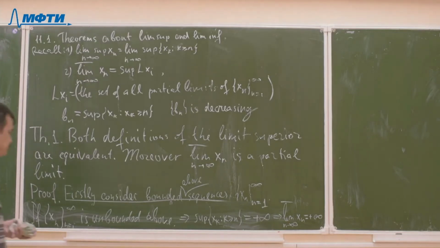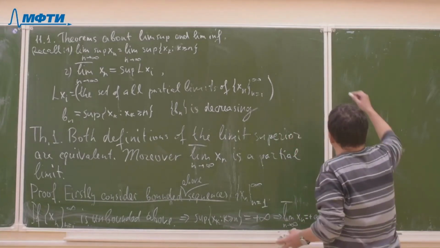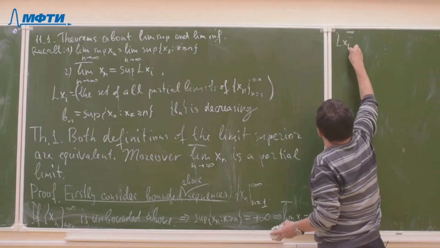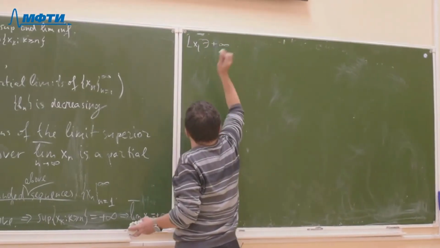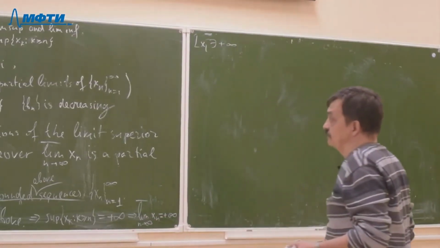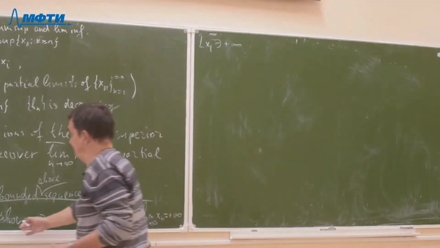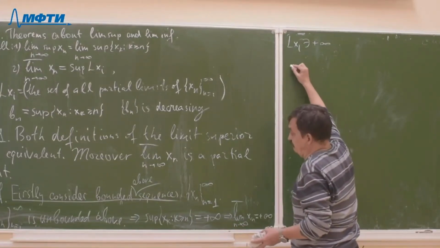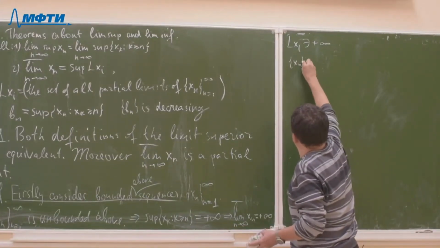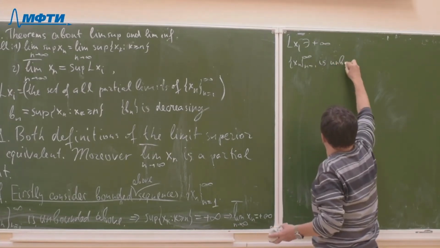And then again, Lxi contains plus infinity. Why? Because what does unbounded above mean? xn is unbounded above.